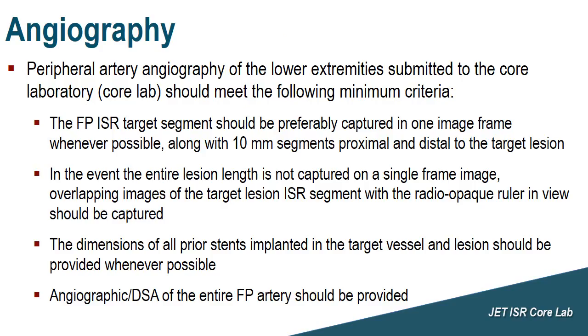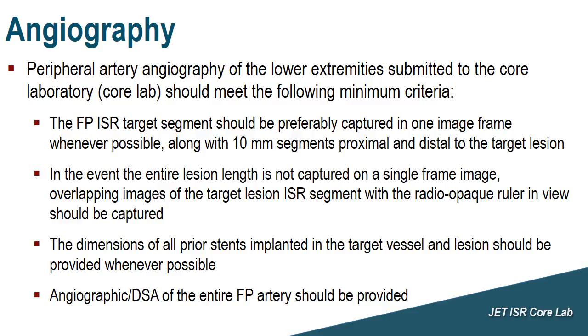The femoropopliteal ISR target segment should be captured in one image frame whenever possible, along with 10 mm segments proximal and distal to the target lesion. In the event the entire lesion is not captured on a single frame, overlapping images of the target lesion ISR segment with a radio-opaque ruler in view should be captured.